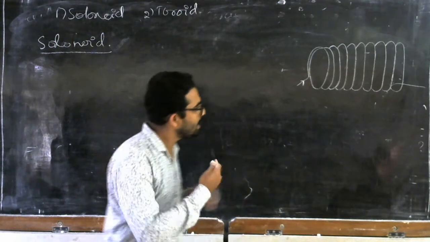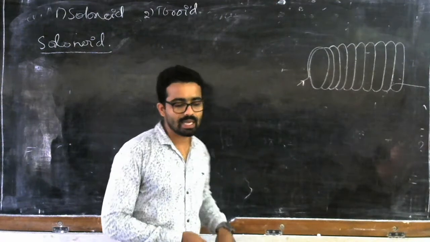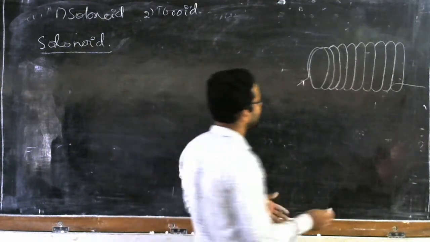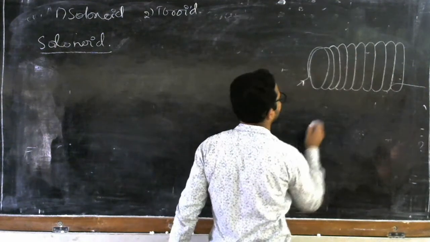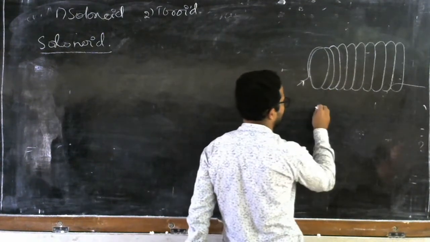Let me show one more image of this solenoid so that you can easily understand. Let me draw the directions of the magnetic field also here.